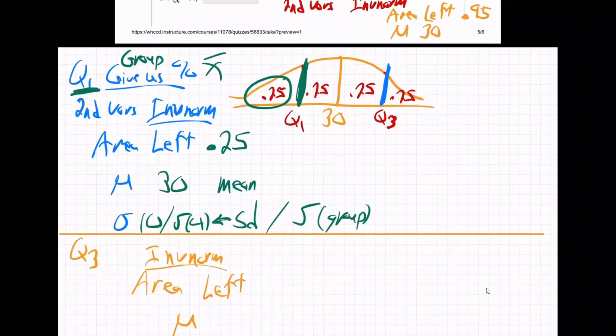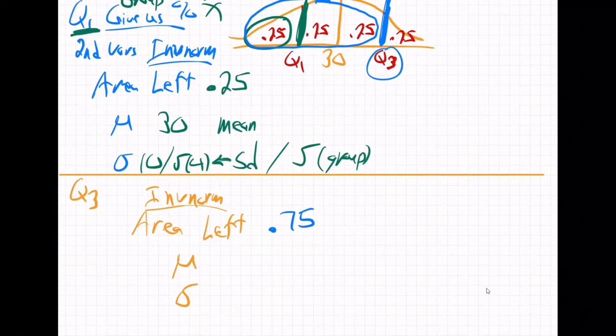Now, if you're at Q3, right here at the end of the third quarter in a football game, what part of the game is in your past? What part of the game is already over? What part of the game is to your left? 0.75, right? End of the third quarter, you're 75% of the way through the game. The mu is still 30. The sigma, same thing, 10 divided by the square root of 4. And hit the buttons, and then you can get the Q3.